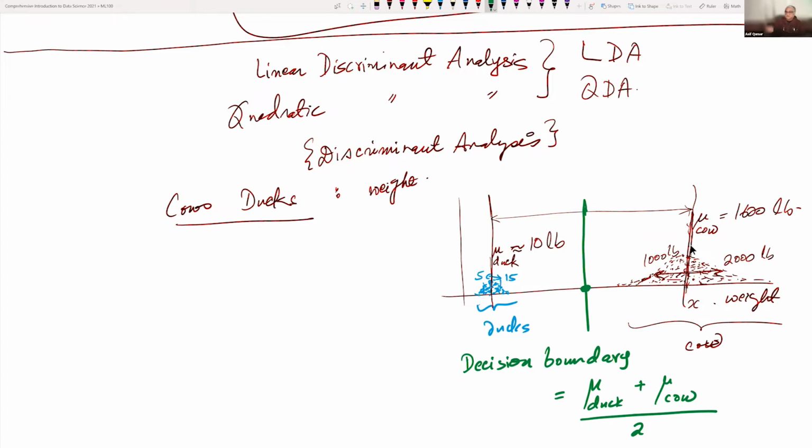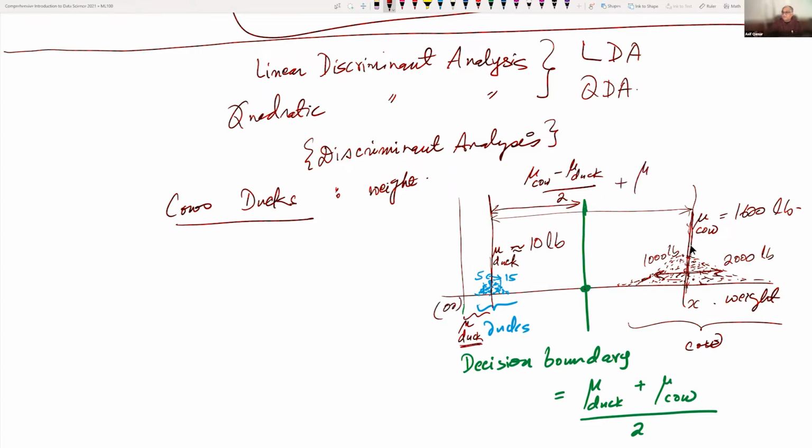That is true. So think about it this way. This part is mu duck. If you go half the distance here, you are saying that it is mu cow minus mu duck divided by 2. But then to get to this location from the origin, you still have to add the mu duck.